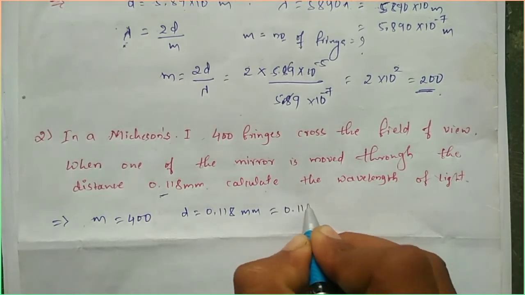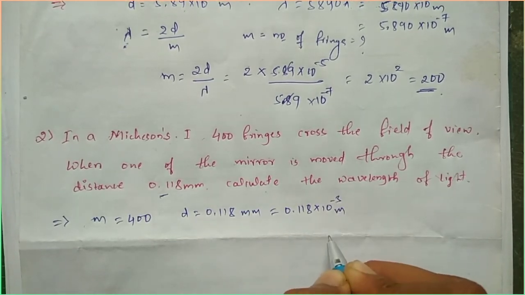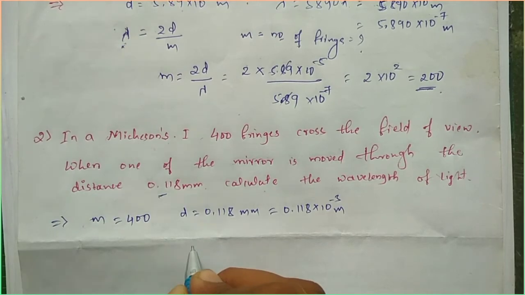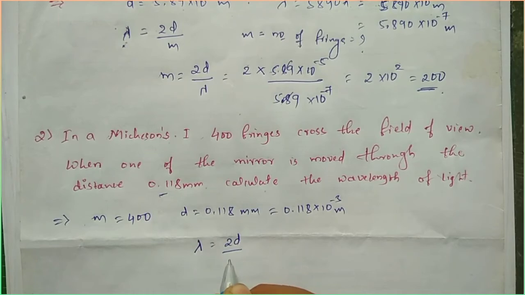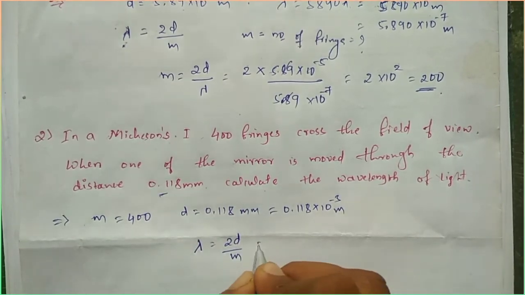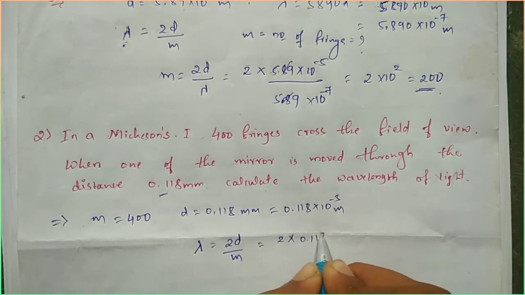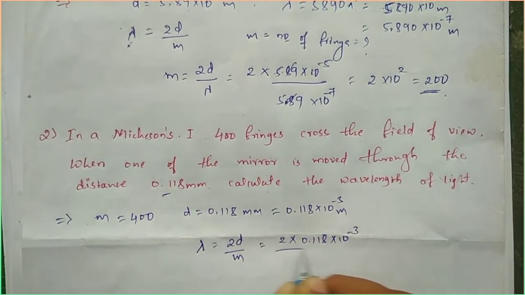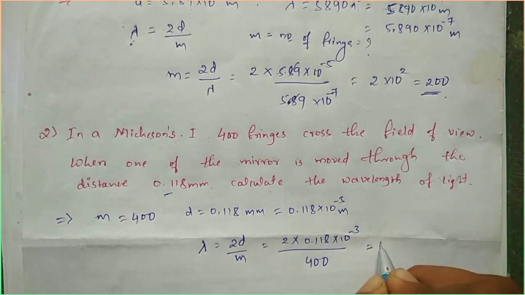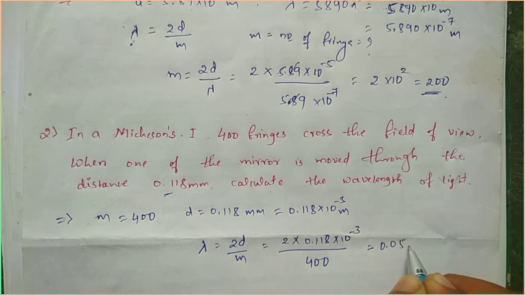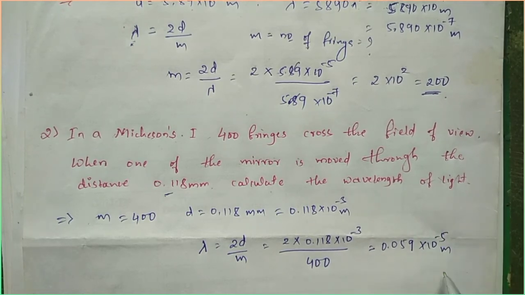0.118 millimeter converts to 0.118 into 10 to the power minus 3 meter. We know the expression for wavelength: lambda equals 2D divided by m. Here, 2 into 0.118 into 10 to the power minus 3 divided by the number of fringes, 400. Calculating, we get 0.059 into 10 to the power minus 5 meter.